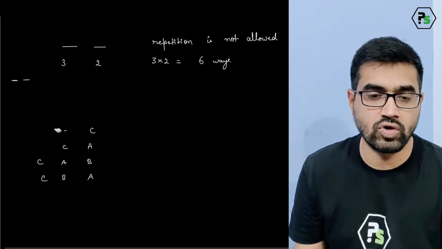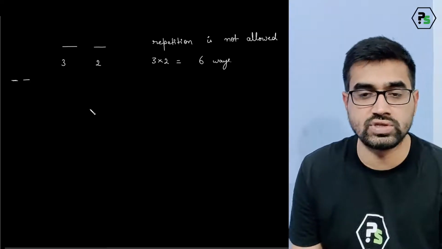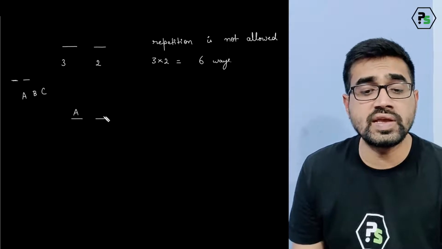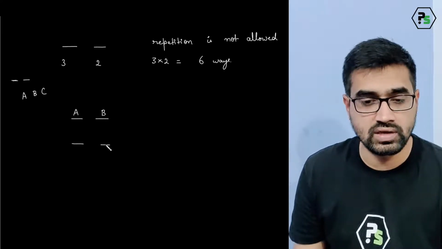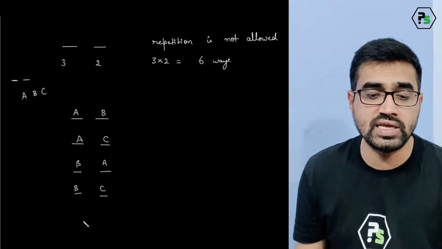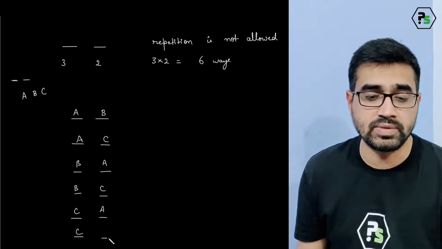I need to fill two places. I just realized I took the example of a three place thing. Sorry for that. So the first, I can get a code AB or AC. I can get a code BA or BC. I can get a code CA or CB.